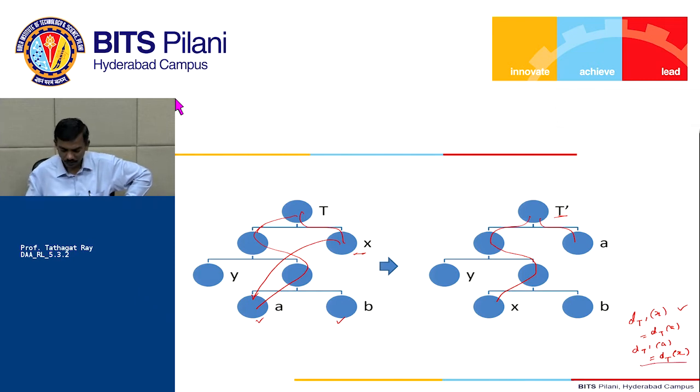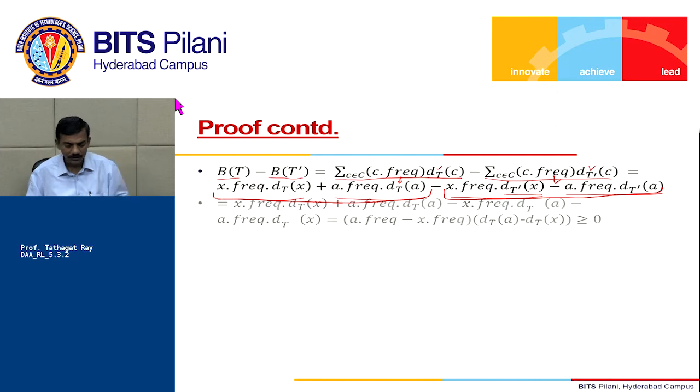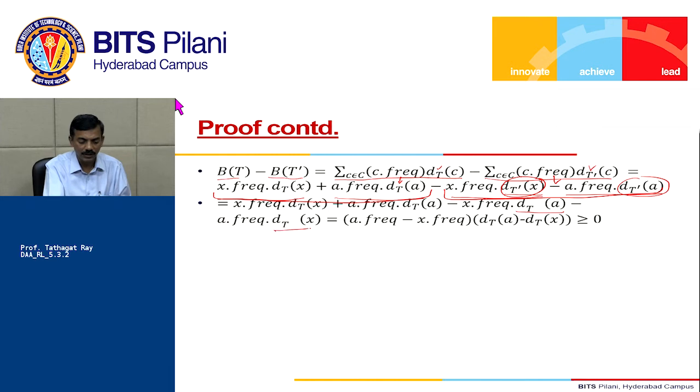Essentially, we replace these two quantities dt prime x and dt prime a by dta and dtx. If you simplify that, it nicely comes out to be A frequency minus x frequency times dta minus dtx, which is greater than or equal to 0.